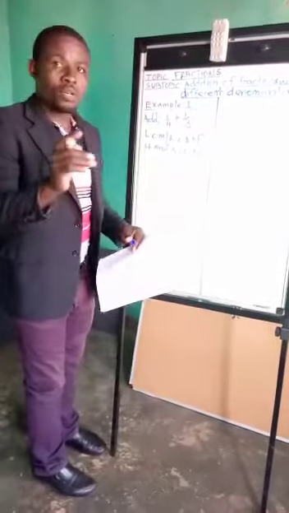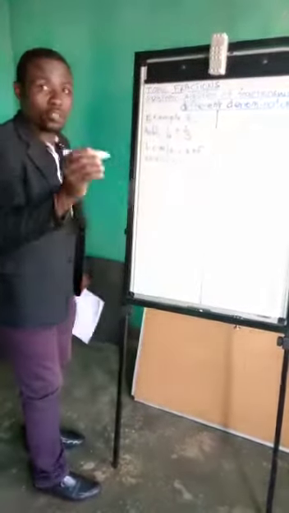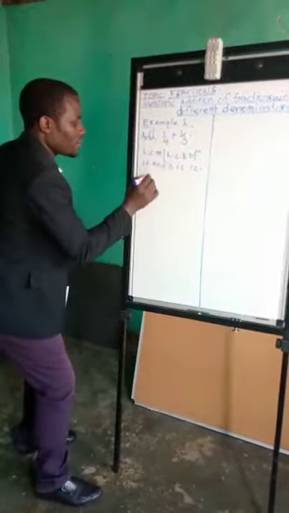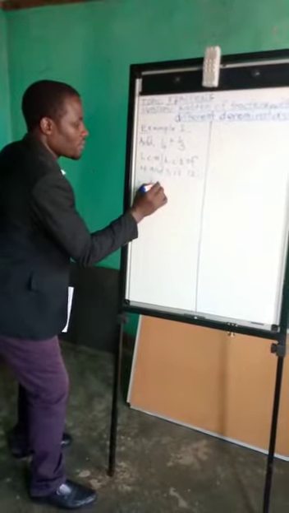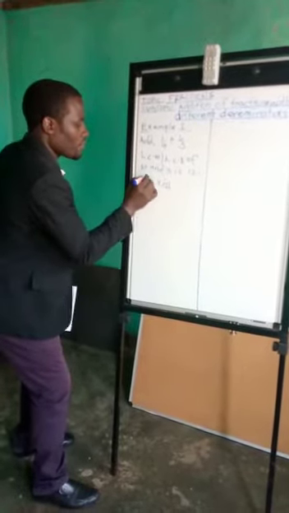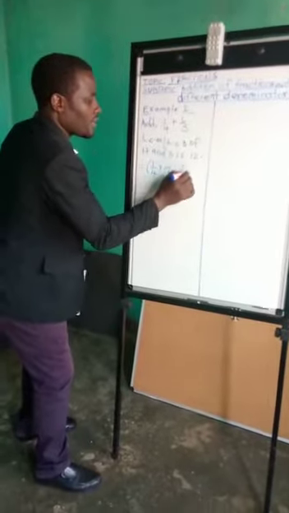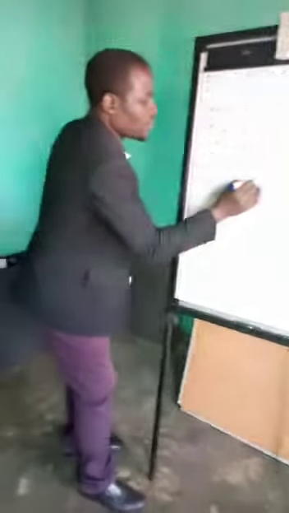Hope we know how to get the LCM. After getting the LCM, multiply the LCM in each fraction. Our fraction is a quarter, then we multiply it with our LCM, which is 12, plus a third times our LCM, 12.